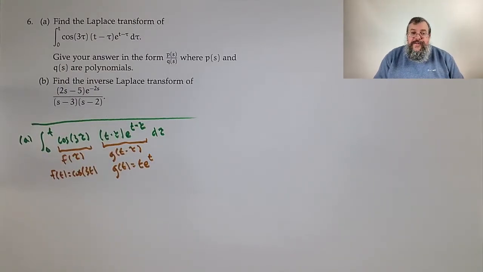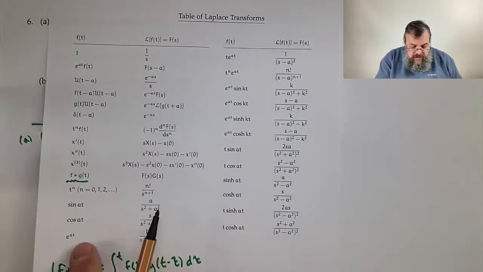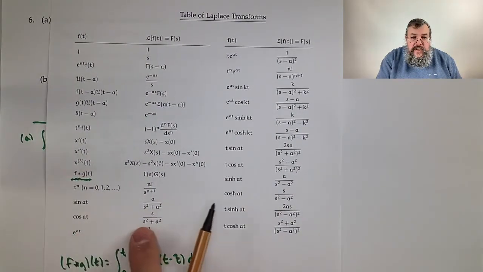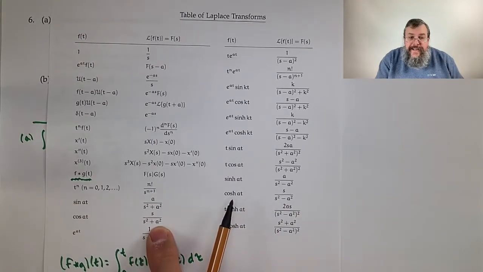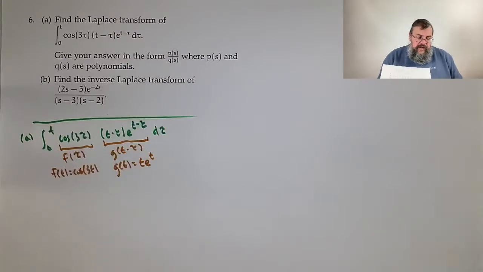All right, so now we have f, we have g, and we're going to put this together. So we take each individual one. The cosine, that's on our list: cosine 3t, s over s squared plus 9. So write that down.